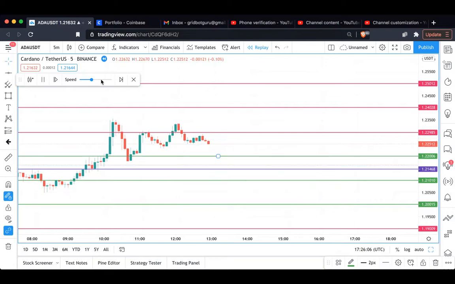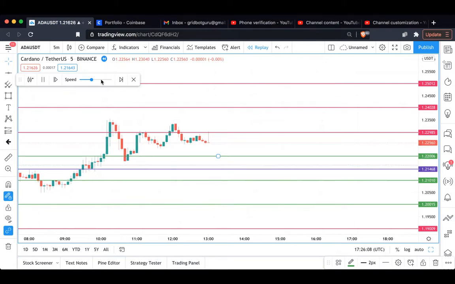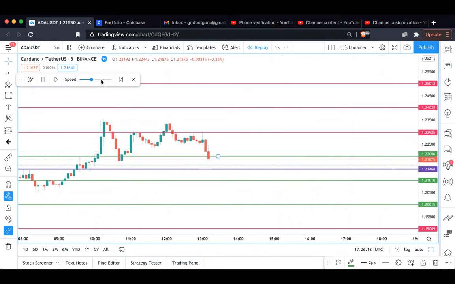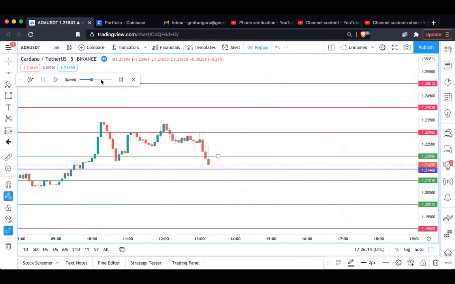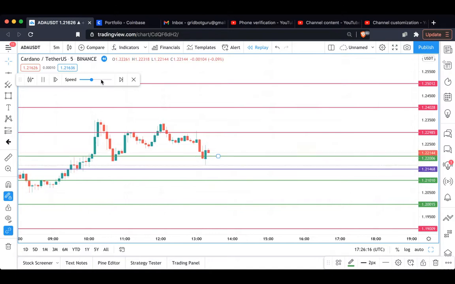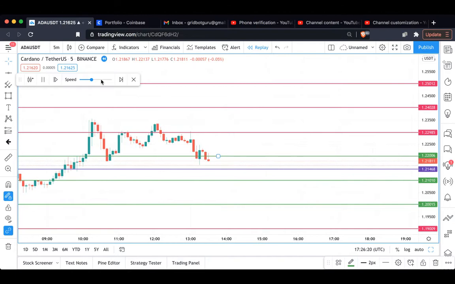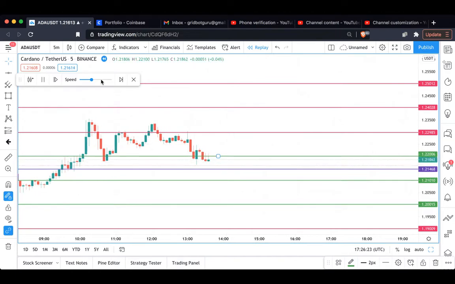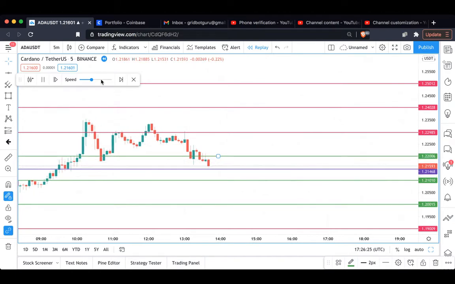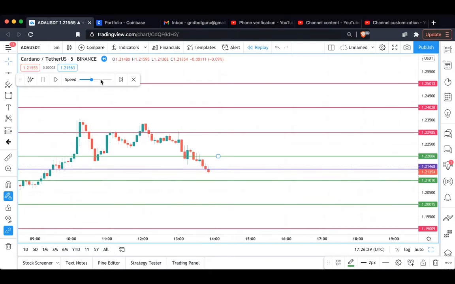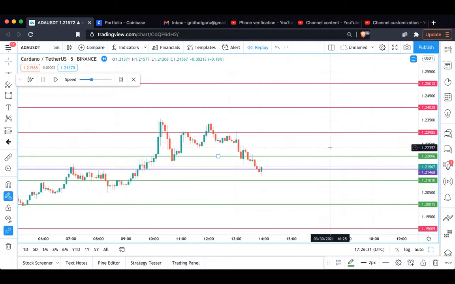It's moving. So at night, when you go to sleep, it's moving. When you go out for dinner, it's moving. All of these things are moving. The beauty of the grid bot is as long as the price stays between your high end and your low end, and it is hitting some of these buys and sells, it's doing it all for you.